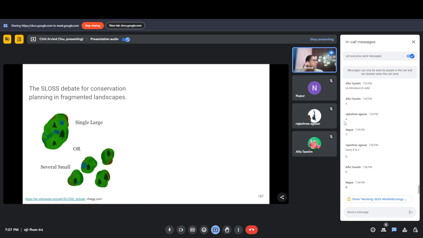So now can you tell me how many of you have heard of the SLOSS debate, and where does this get implemented in conservation planning? Can someone tell me what actually is this SLOSS debate? Anything that you know about the SLOSS debate?